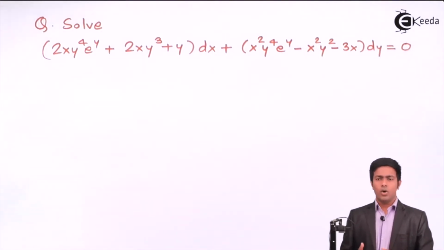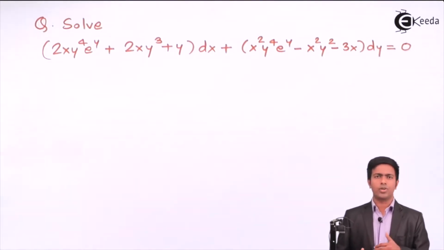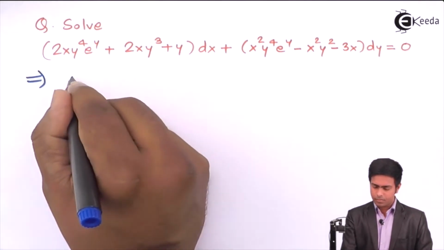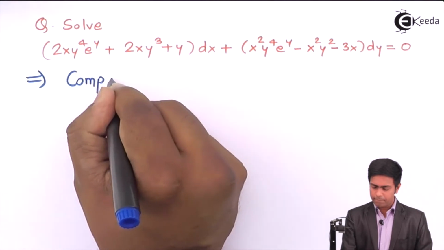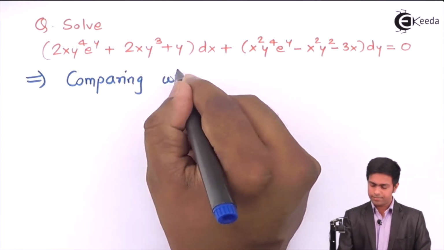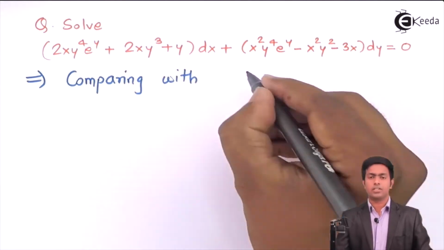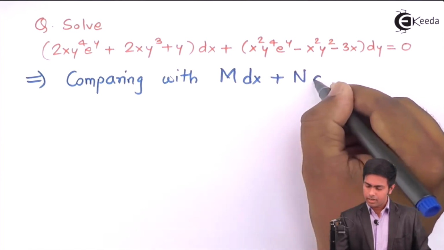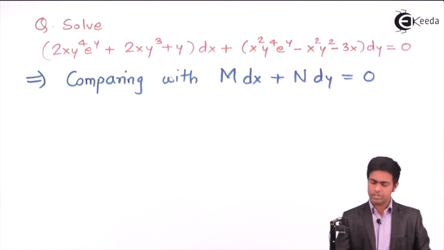So let's check whether the value of ∂M/∂y is equal to ∂N/∂x or not. For that, I'll say, comparing the above differential equation with M dx plus N dy equal to 0.